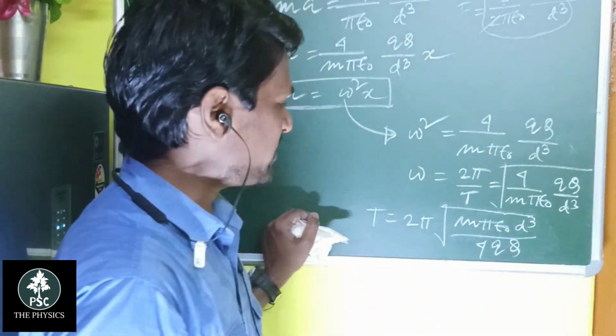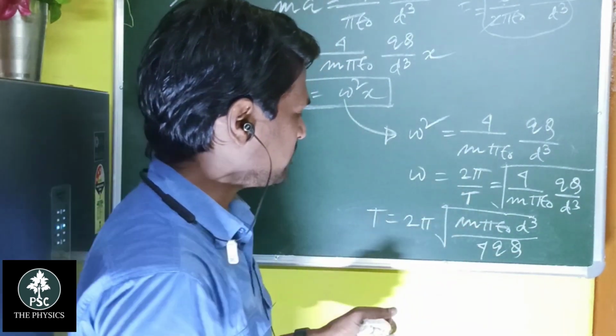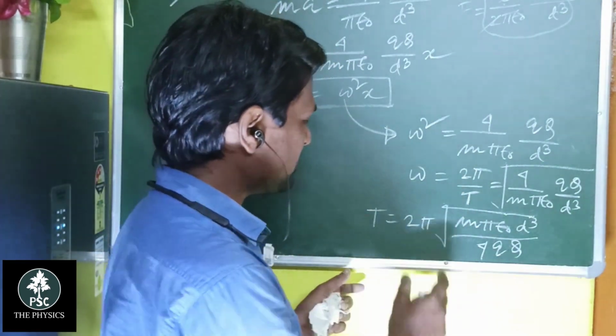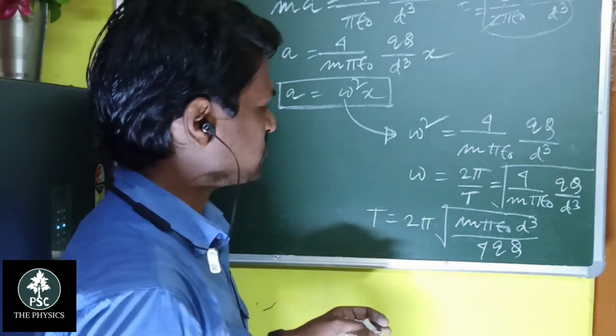So this is the expression for the time period. If you take the 2 into the root, it becomes 4, and pi becomes pi square.